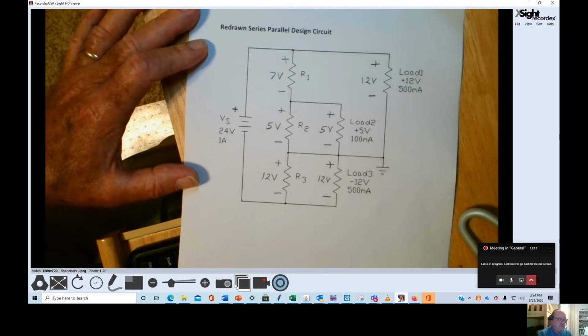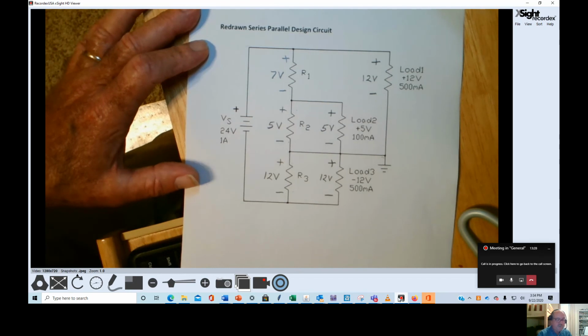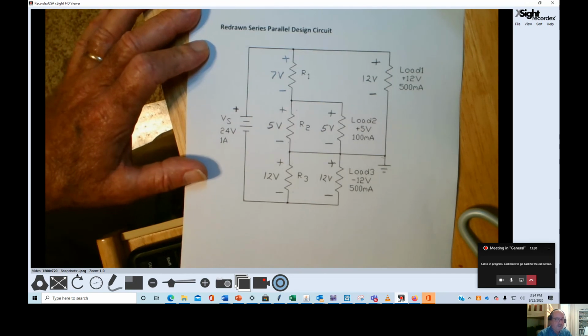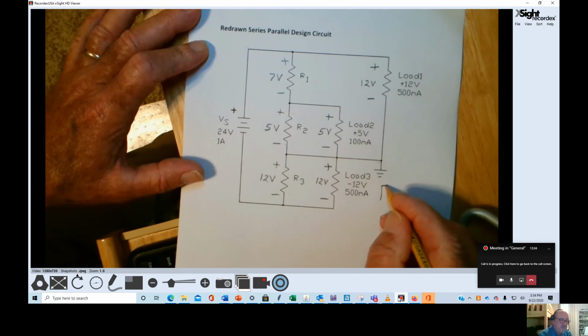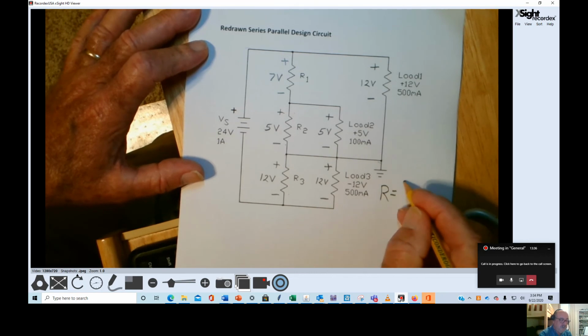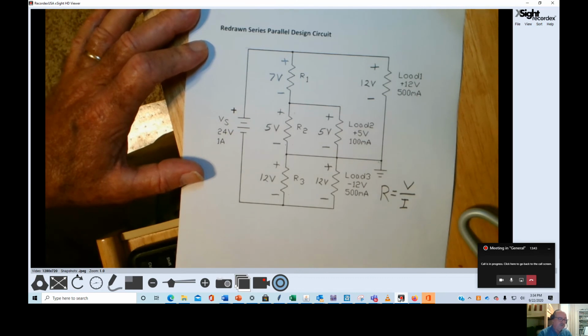So we have the voltages across our 3 resistors, R1, R2, and R3. However, we need to find the currents through these resistors, because in order to determine the value of resistance, we have to know 2 things. With regards to that resistor, we have to know voltage and current.